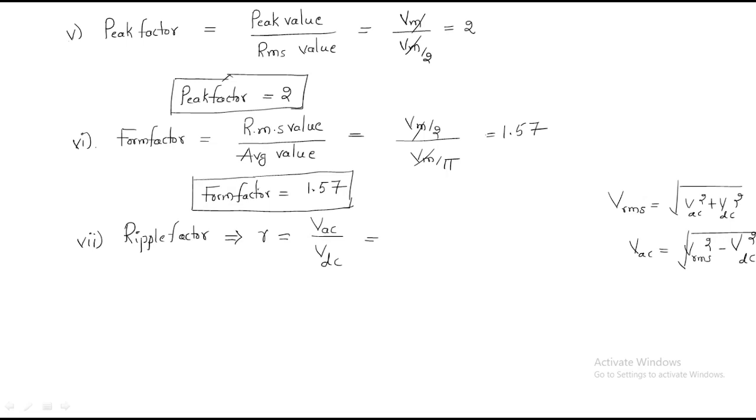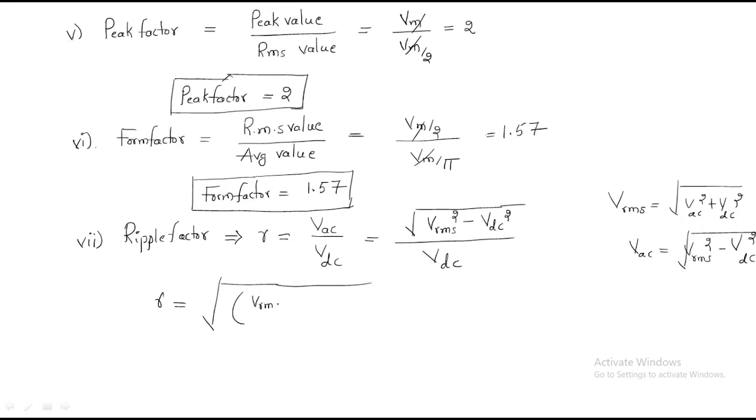Replace Vac with this formula, divide by Vdc, and you can simplify this equation to the square root of (Vrms by Vdc) square minus 1.